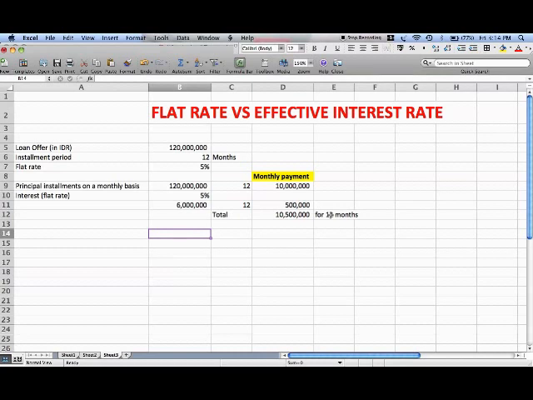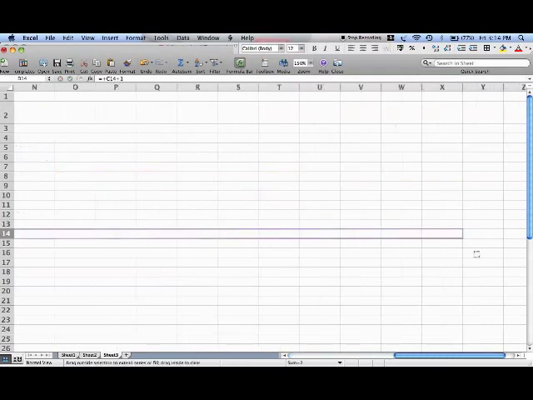Hopefully you expect it is less than the competitors' interest rate. So a 5% flat rate sounds quite low. I put this as 0. So this is a timeline. You got 1, and then I drag it to 12 months.